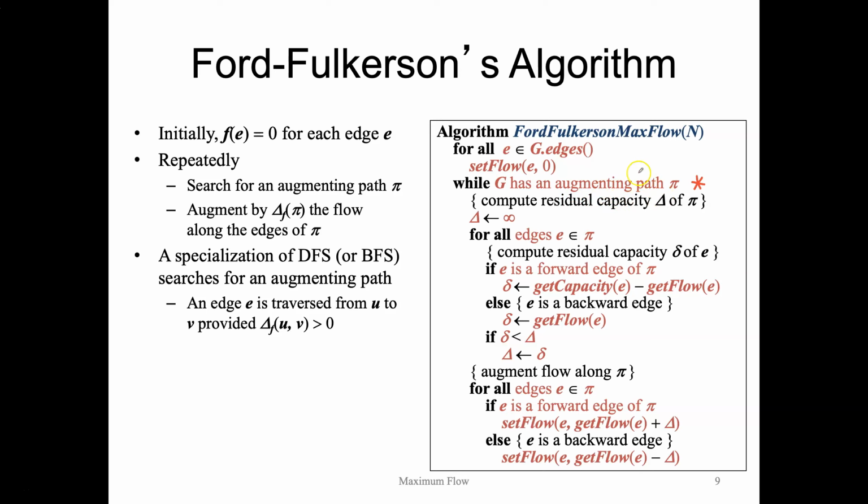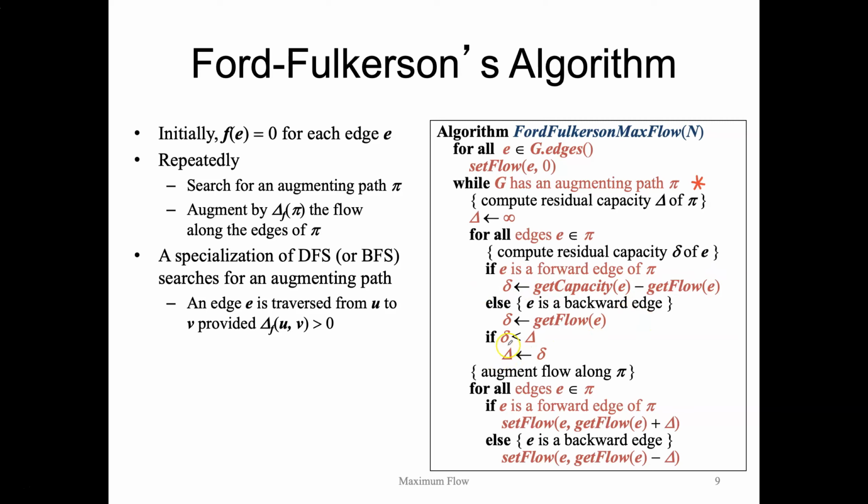And then, now that we have an augmenting path, figure out the residual capacity for that path, which is just the minimum residual capacity of any edge along that path. So the first step is to compute for each edge along the path the residual capacity for that edge. This is different based on if we have a forward edge or a back edge.